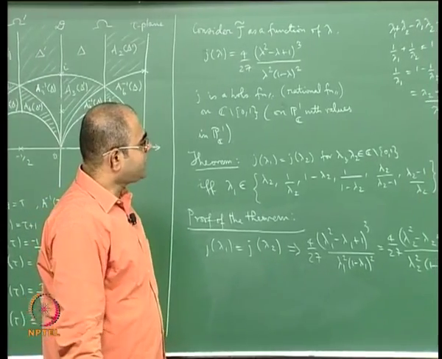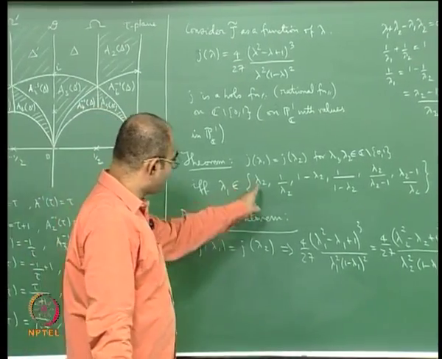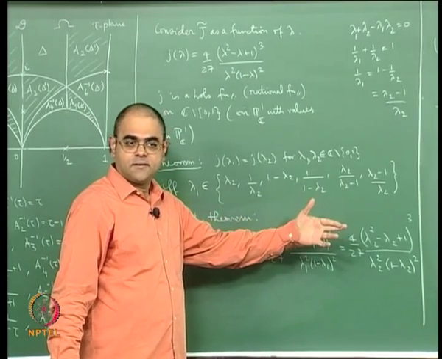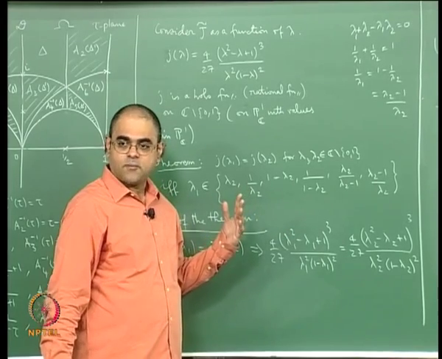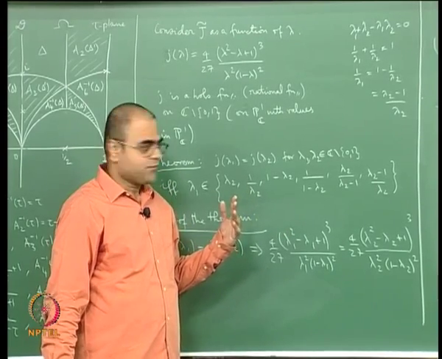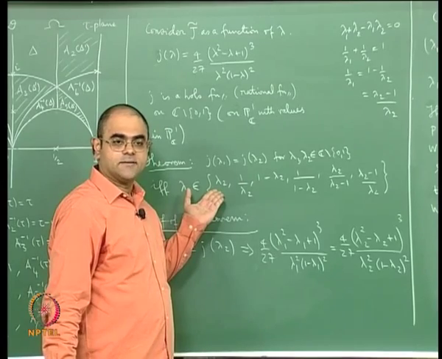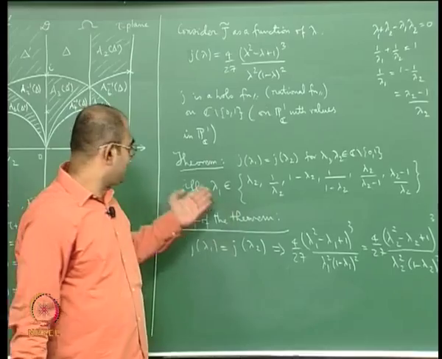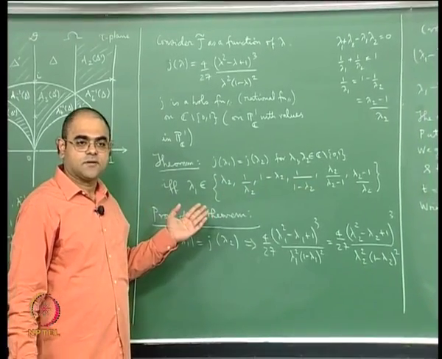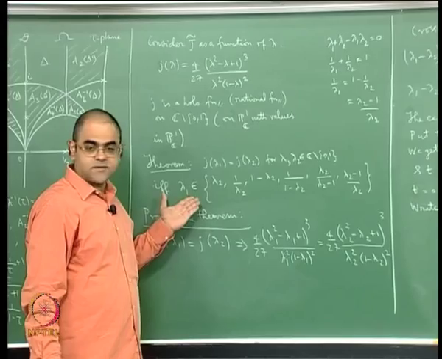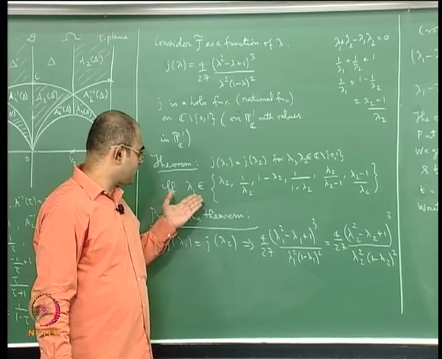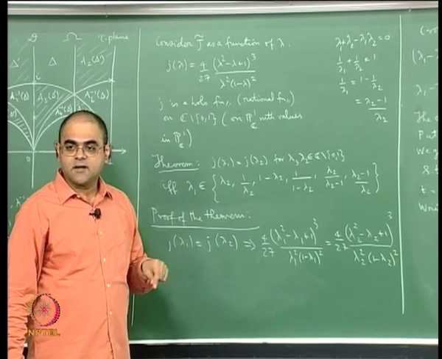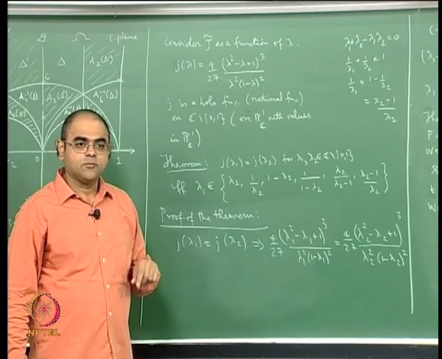So the point is that because you already know that this is what you should get, you can guess the factors by substituting properly. Okay, so the moral of the story is that having known this in advance helped, but this is not something that has come out of nowhere, it is not just a bunch of tricks, but it is actually a statement of the fact that this mapping lambda going to j from p1 to p1 is a Galois cover with Galois group, the symmetric group on 3 elements.